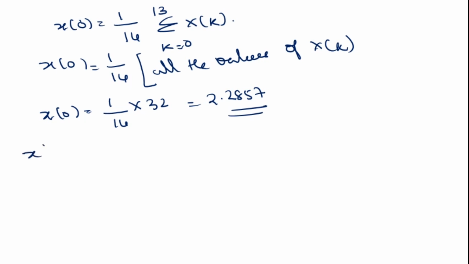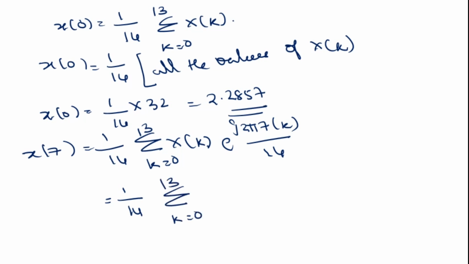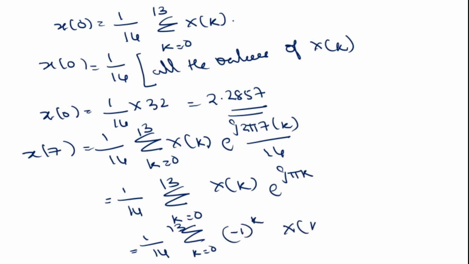Next we have to find out x of 7. That means by putting n value as 7. Summation k is equal to 0 to 13 x of k into e power j 2 pi 7 into k divided by 14, which is equal to 1 by 14, summation k is equal to 0 to 13 x of k into e power j into pi into k, which is equal to 1 by 14 into summation k is equal to 0 to 13 minus 1 to the power k into x of k.